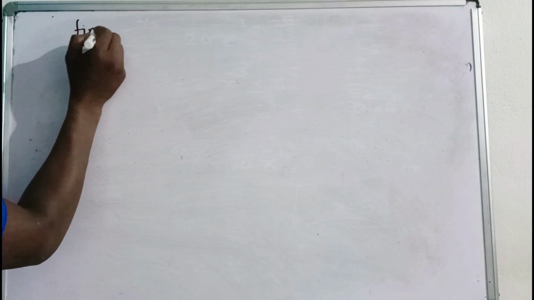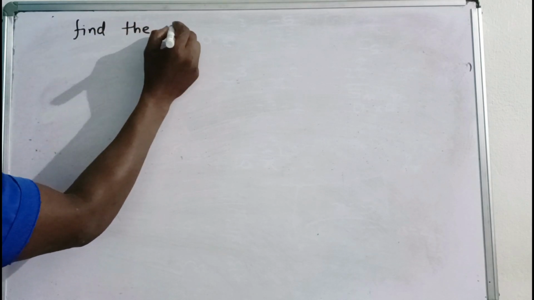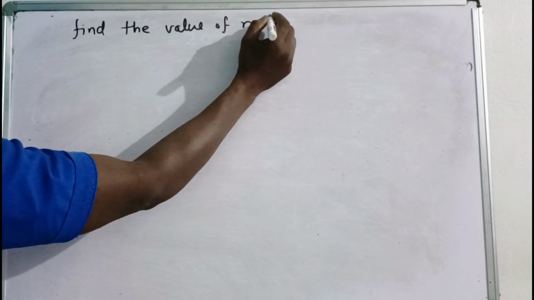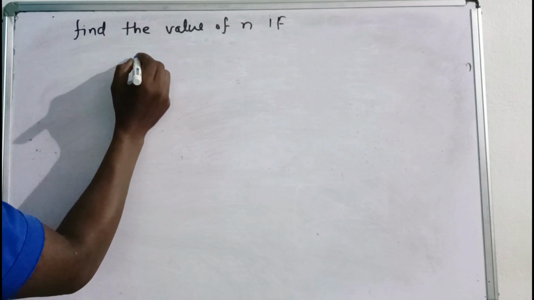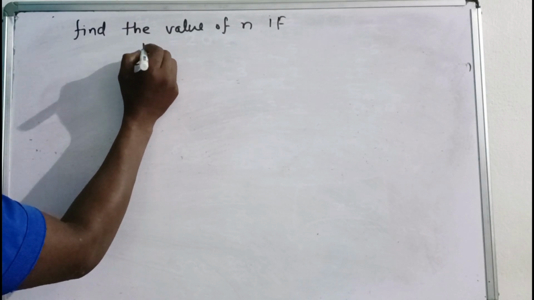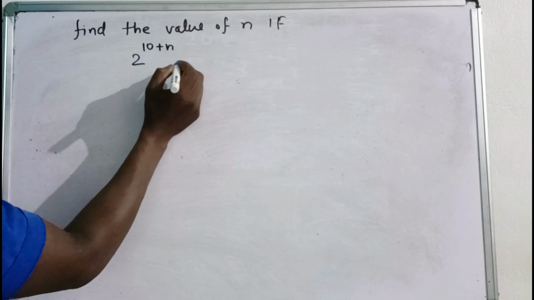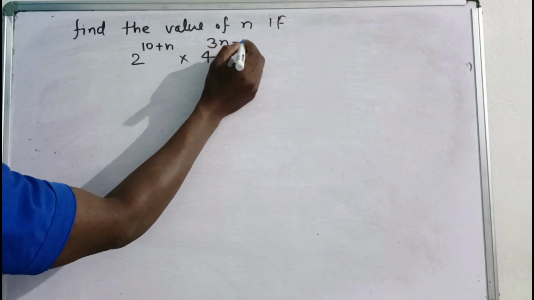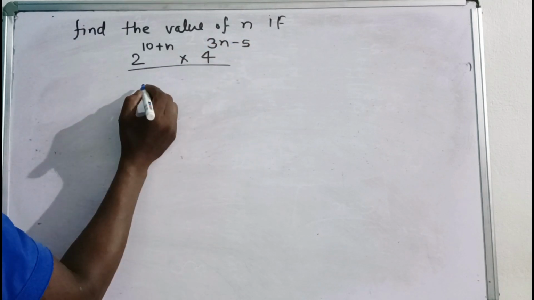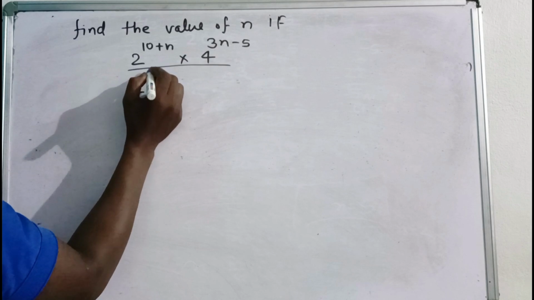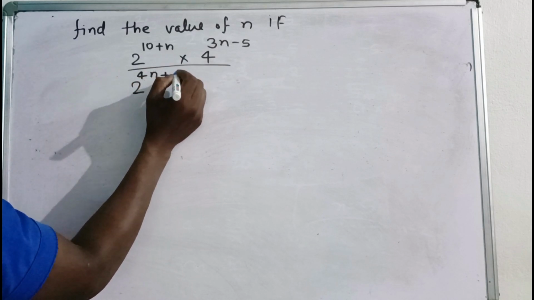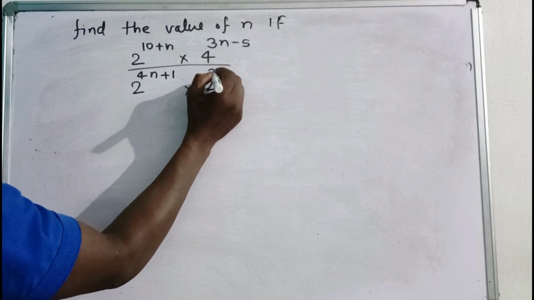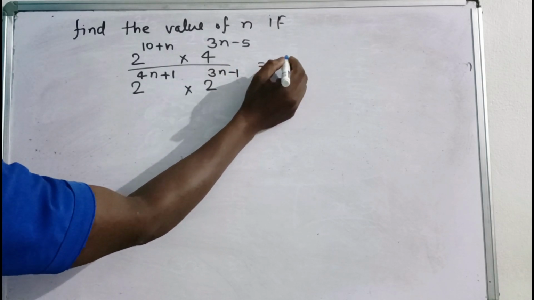Find the value of n if (2 raised to the power 10 plus n) into (4 raised to the power 3n minus 5) divided by (2 raised to the power 4n plus 1) into (2 raised to the power 3n minus 1) is equal to 1.